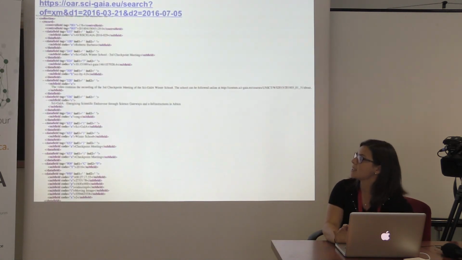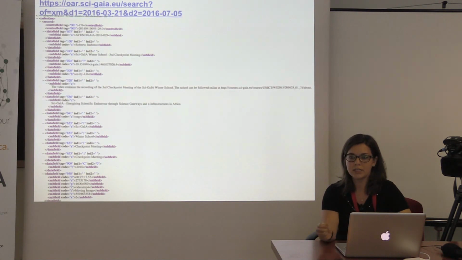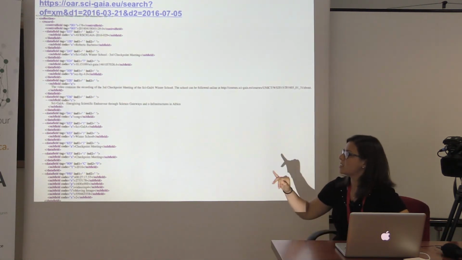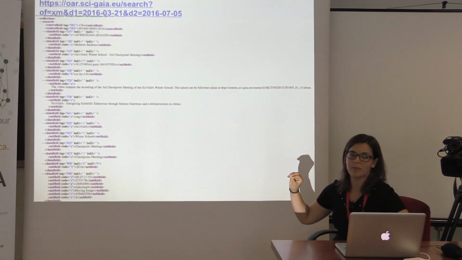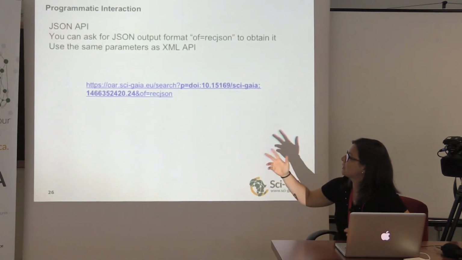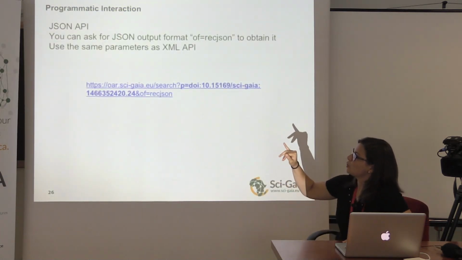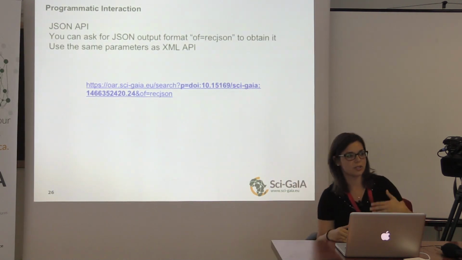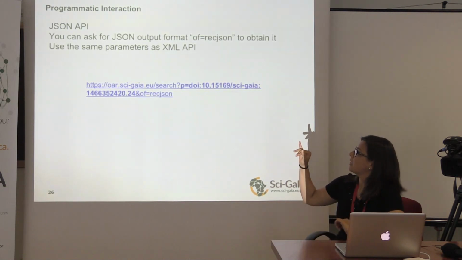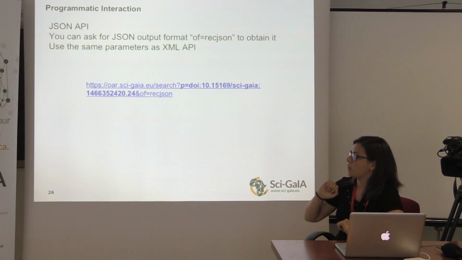This is an example of a query that retrieves the information in XML format. The XML format covers the MARC XML tag. If you want to use the JSON output, the JSON API, you have to set the OF param to the recjson value.